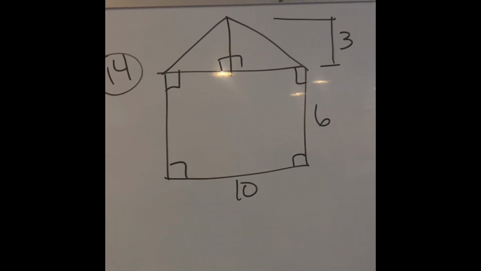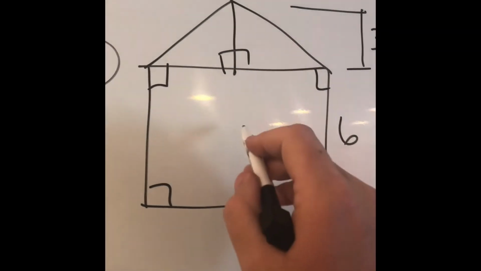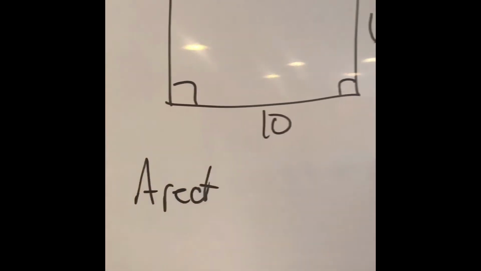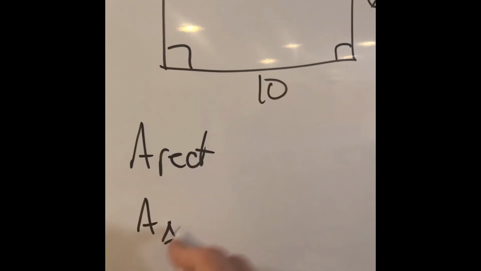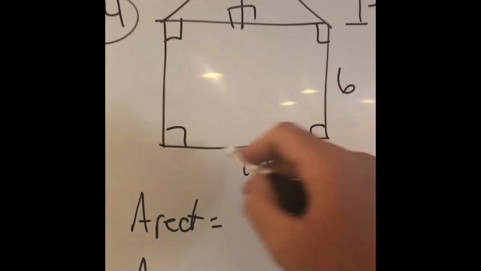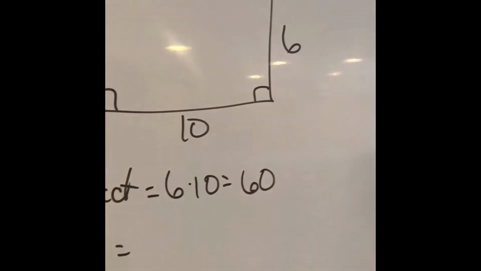14. This is the area of a composite figure. So what we want to do is find the area of the rectangle, and then add that to the area of the triangle. Area of the rectangle, that's just 6 times 10, which is 60.